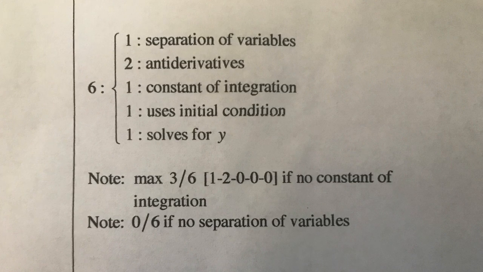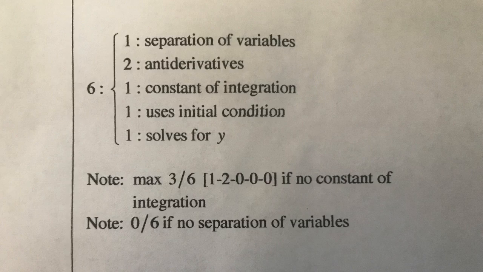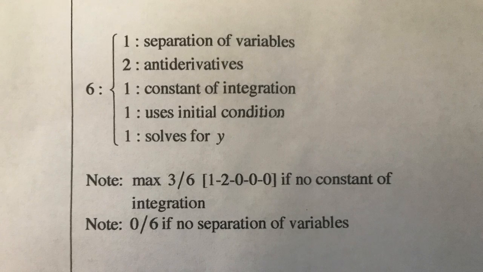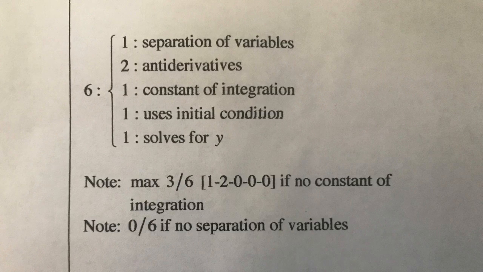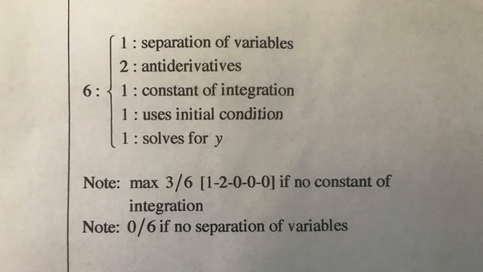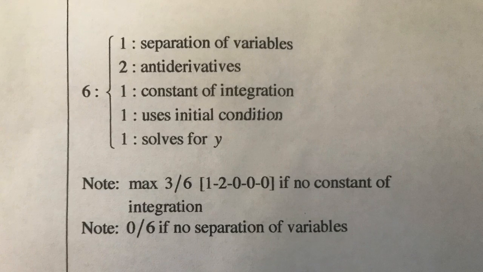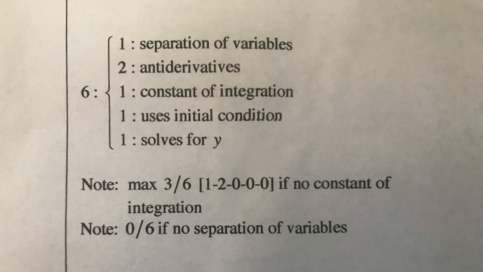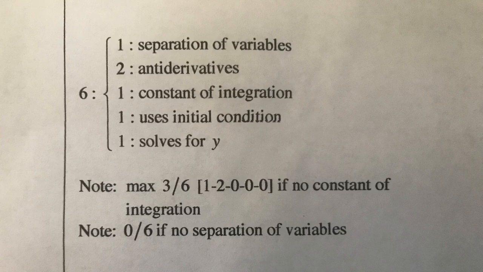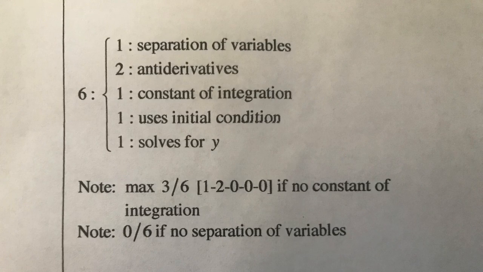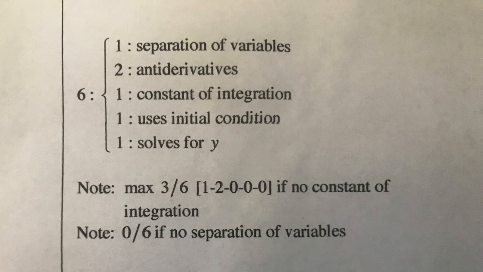Then the next point, another easy point, is the constant of integration, where we're going to add the constant C to the x side of the equation. Then the next point, we want to use the initial condition, and this is when we use the initial condition after solving for C. And then finally, the last point is when we solve for y.